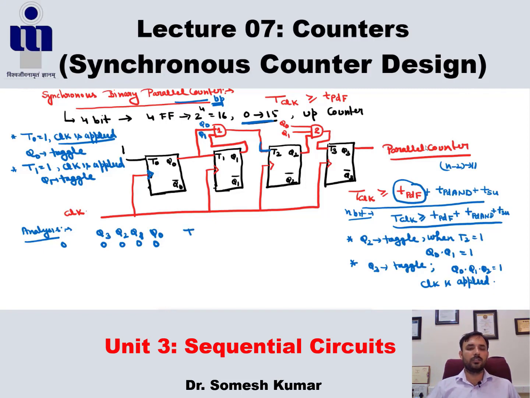And what about T3, T2, T1 and T0? When no clock is applied, T3 is 0, T2 is 0, T1 is 0, and T0 we are giving initially as 1. So in the next clock, what happens?